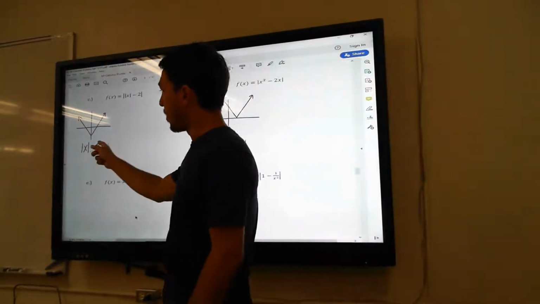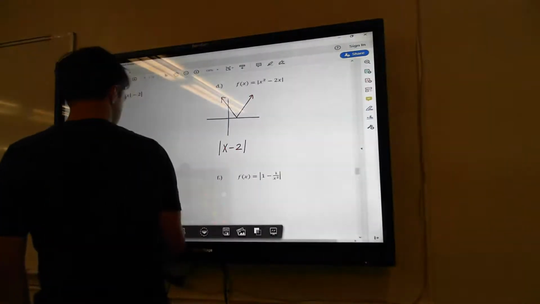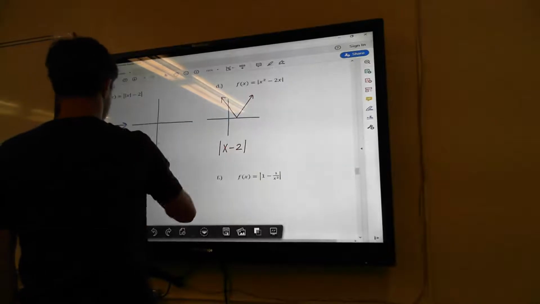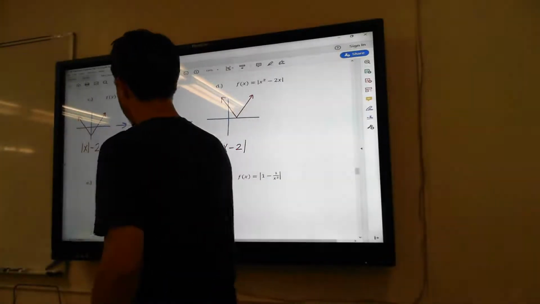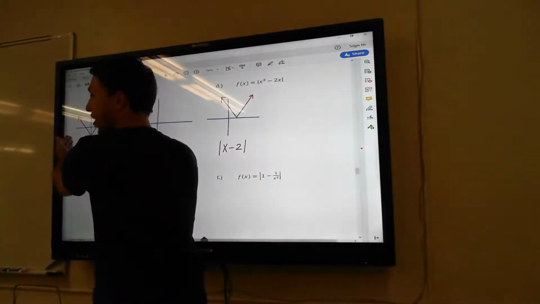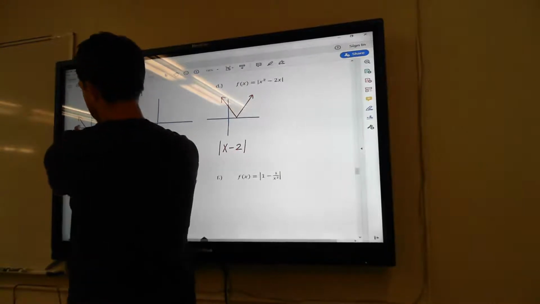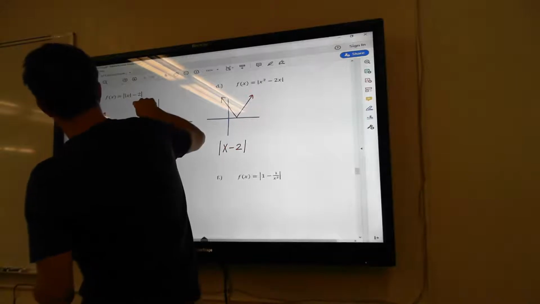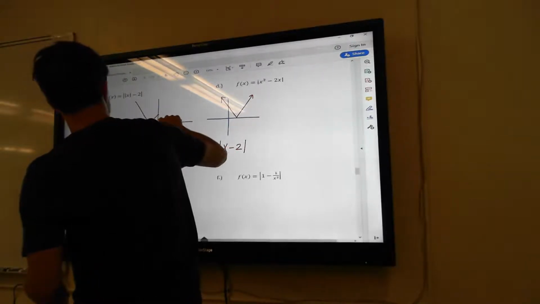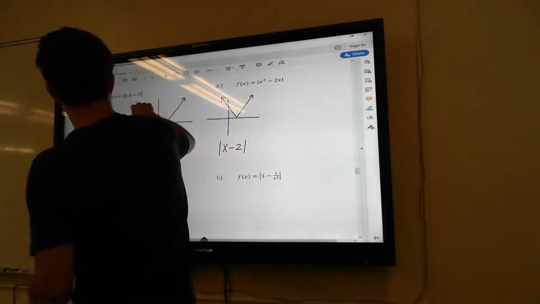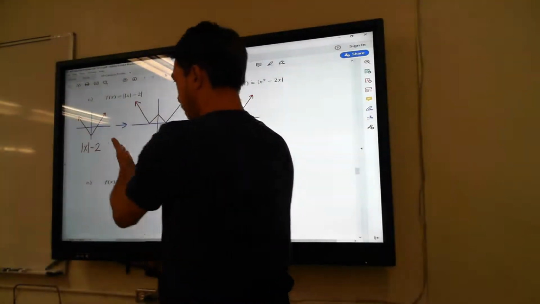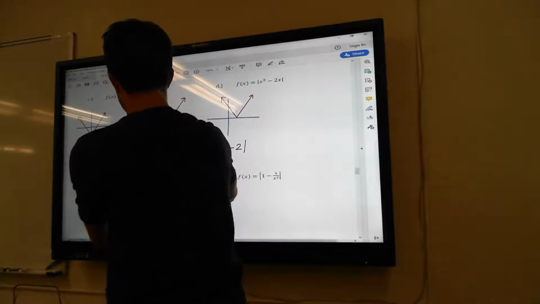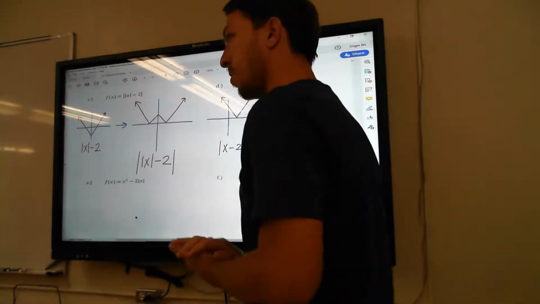You could start with this and say, for this one, I'm actually putting absolute value around the function, which means I take all the y values that are negative and I make them positive. So that's one way to go about it. I'm starting with this, and then putting the absolute value around the function.